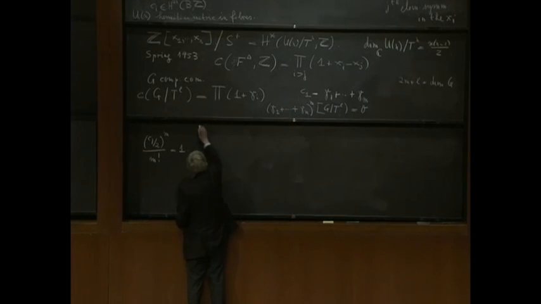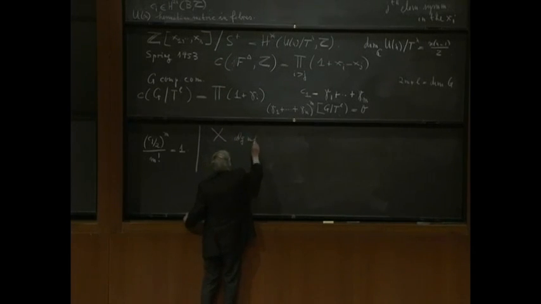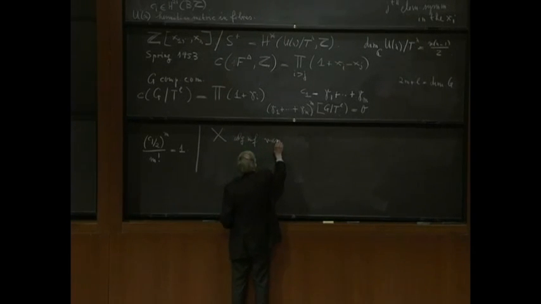I proved everything only for projective algebraic manifolds. So suppose X is such a projective algebraic manifold with vanishing Pontryagin classes.